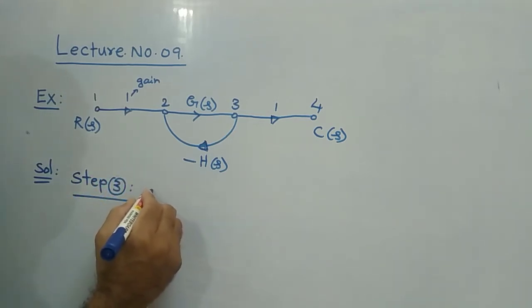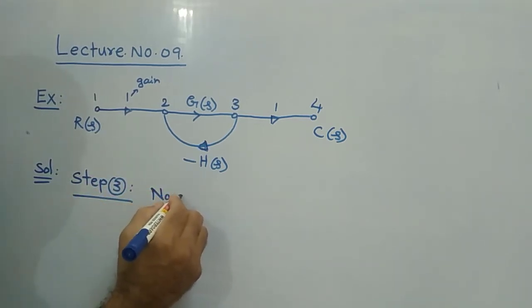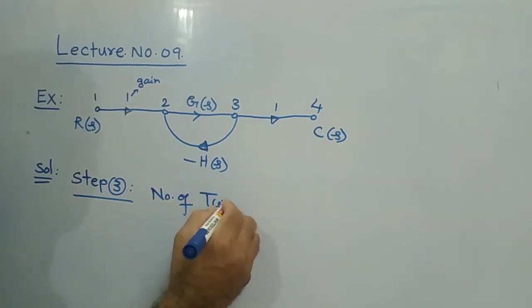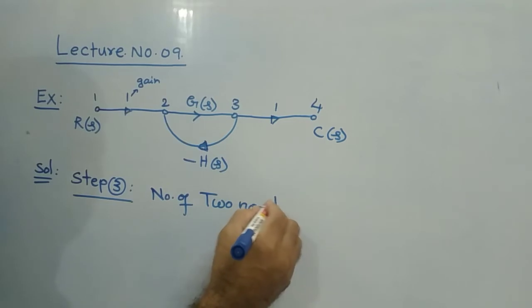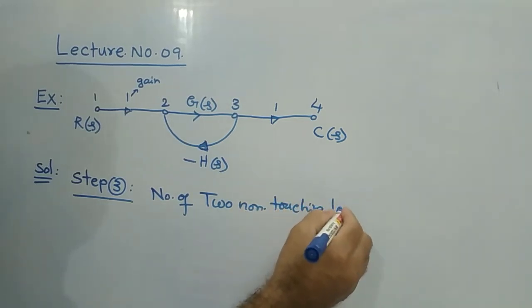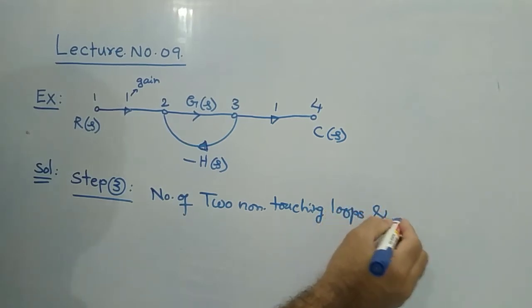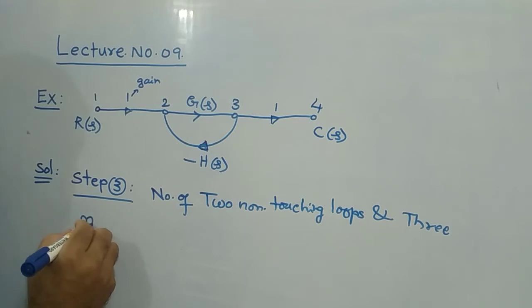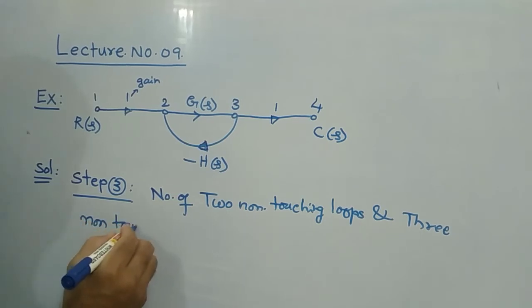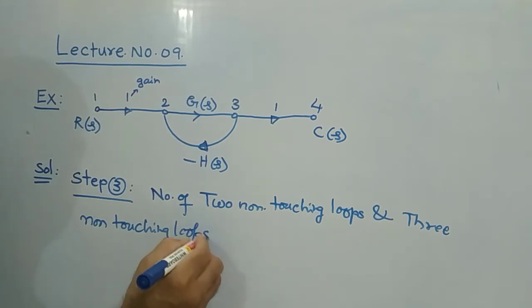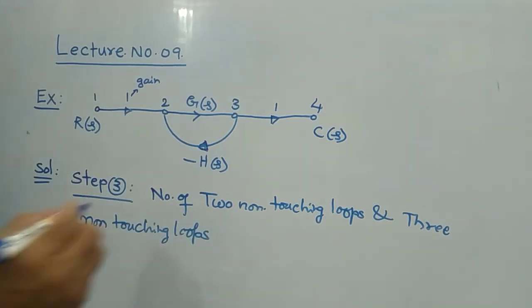Two non-touching loops and three non-touching loops. This we have to identify.